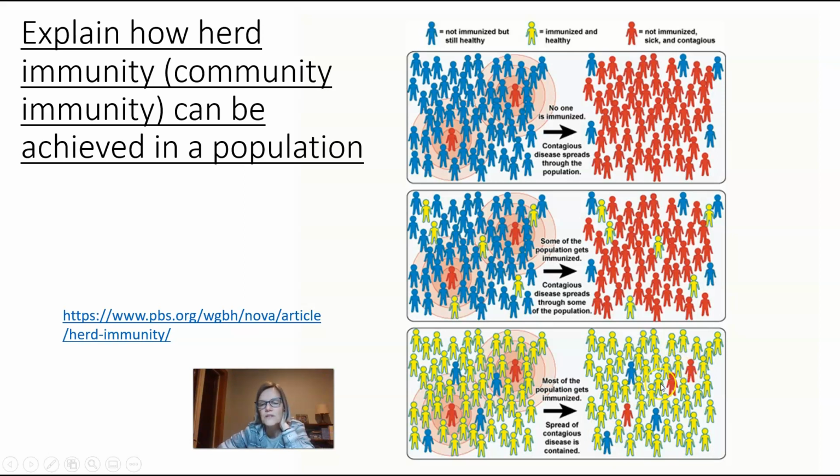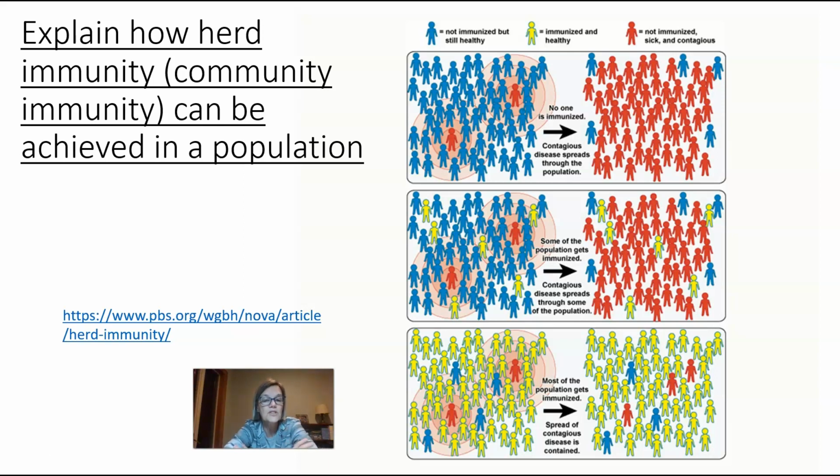Now, it doesn't mean everyone's protected. Here's somebody that got sick anyway. But herd immunity should help prevent a small number of people who are not immunized from getting sick. And who are those people? Well, they should be people like infants who have not been able to get vaccines yet, infants and young children. They might be immunocompromised people, people with a naturally low immunity.